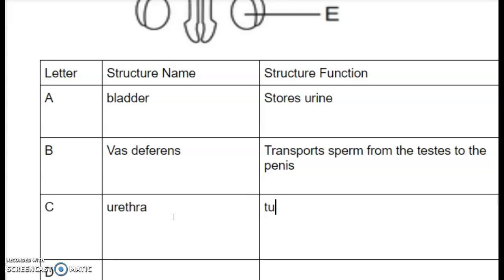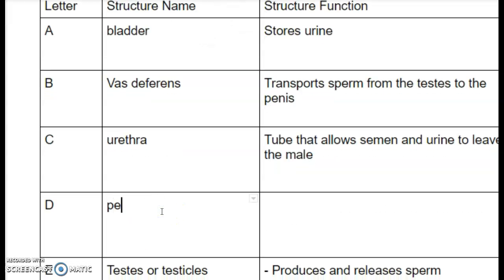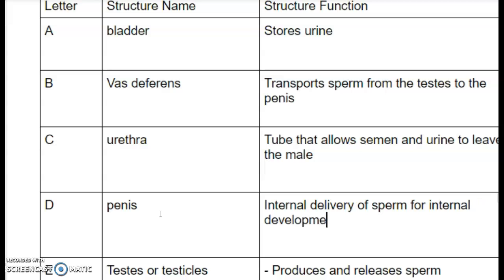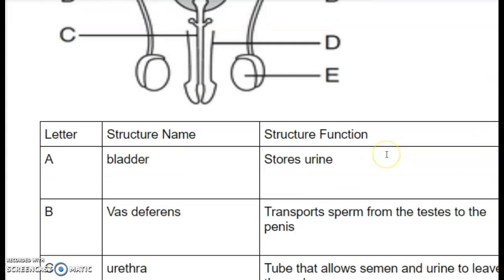It's a tube that allows semen to exit. D is the penis, which allows for internal delivery of sperm for internal development.